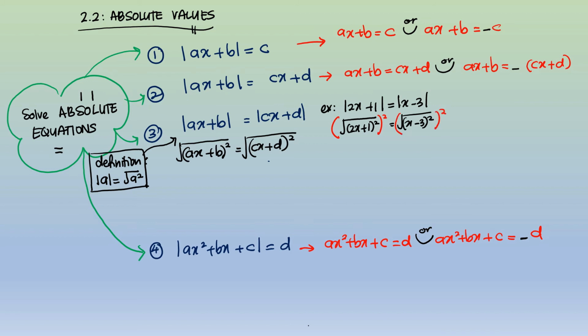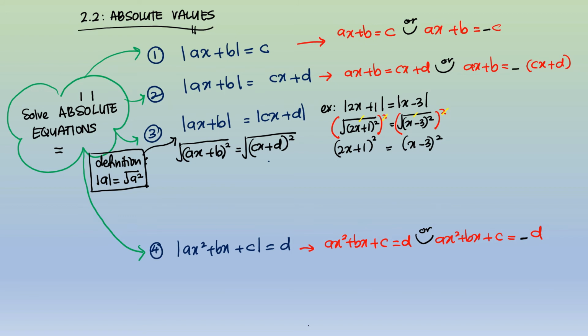Why do we square both sides? Because we want to cancel the sec and square. So you end up with bracket 2x plus 1 squared equal to bracket x minus 3 squared, because these two have cancelled each other.